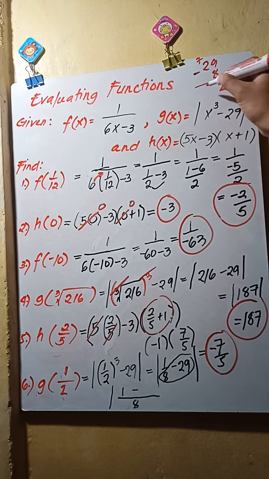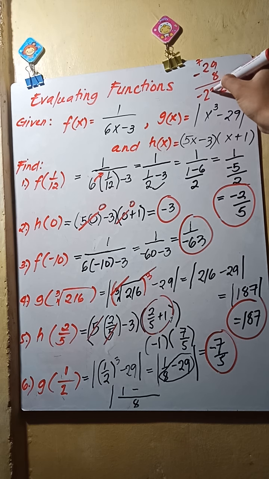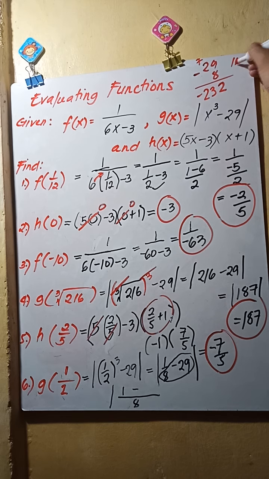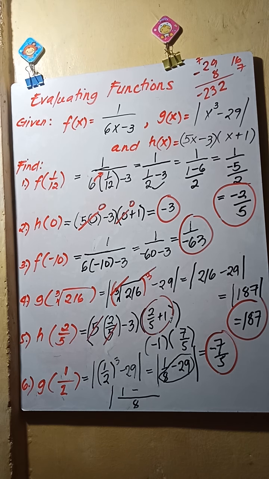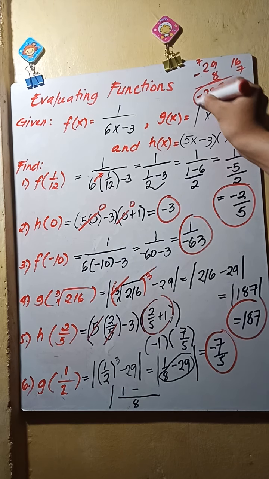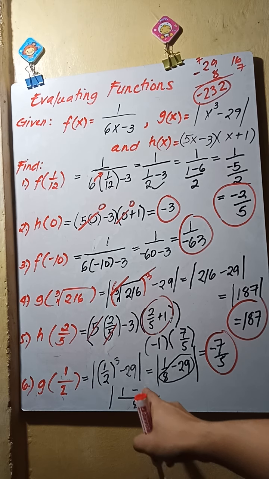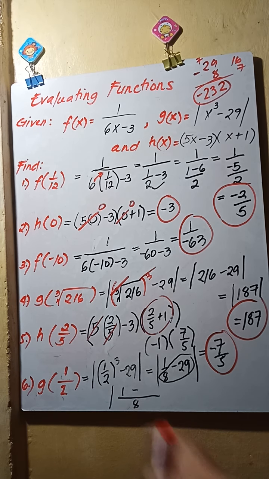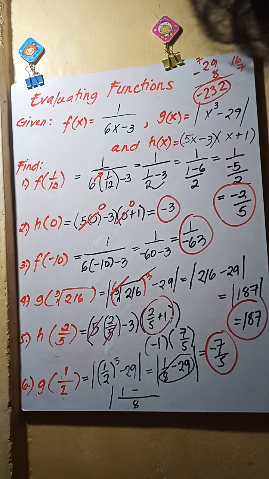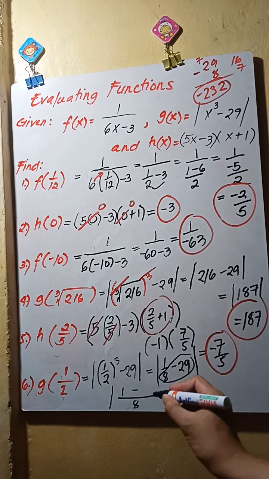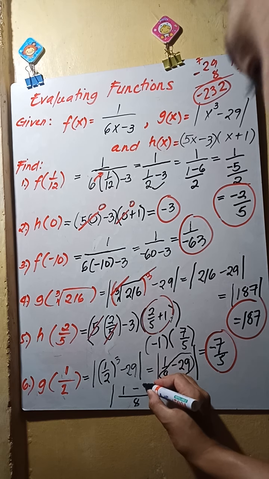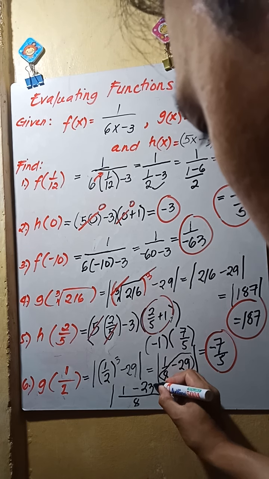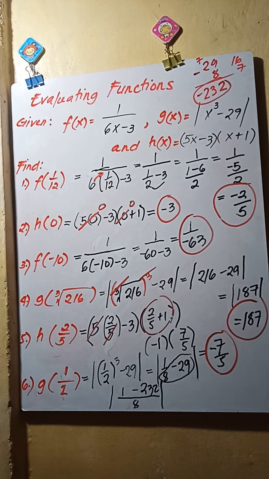So that is negative 23, because 16 and 7 you simply add, that is 23. Then you place this part into our answer. So that is negative 232, the absolute value.